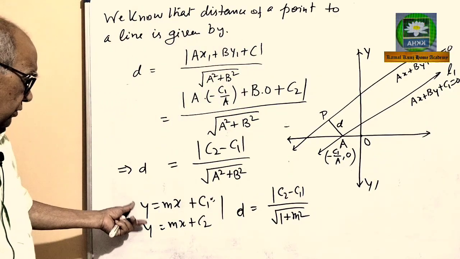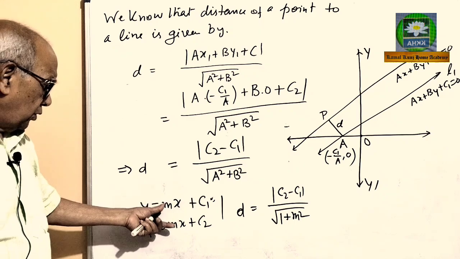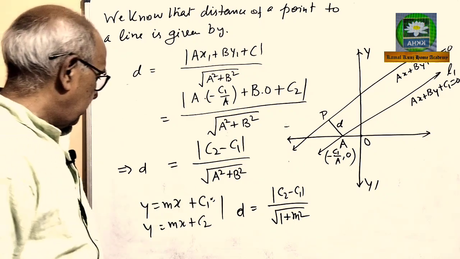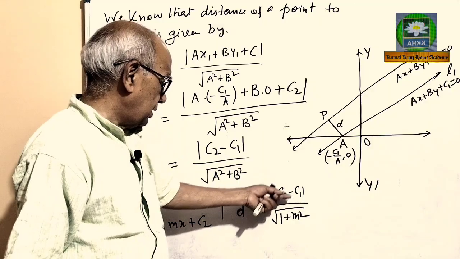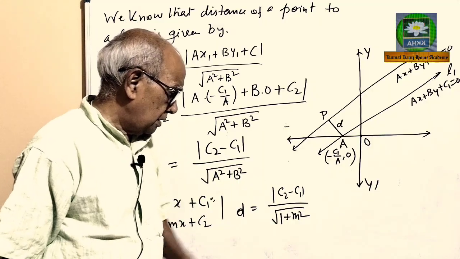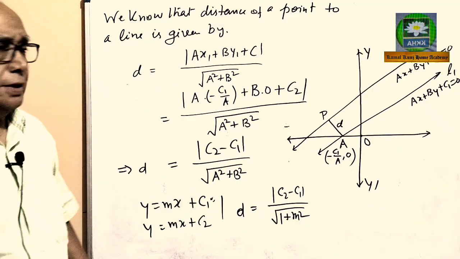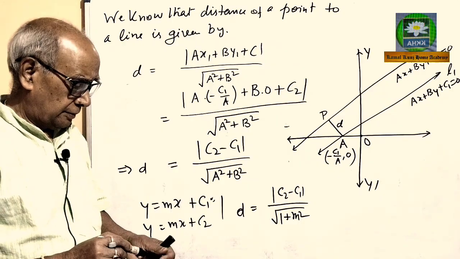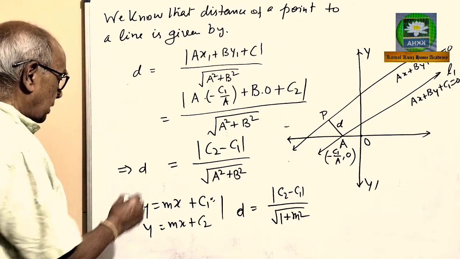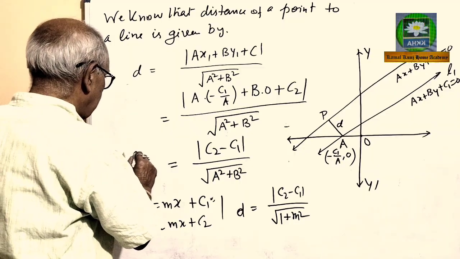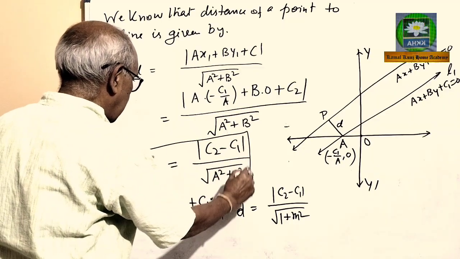So in this form, the distance between two parallel lines is given by c2 minus c1 divided by under root 1 plus m square. And the earlier one is the distance if you take the equations in general form.